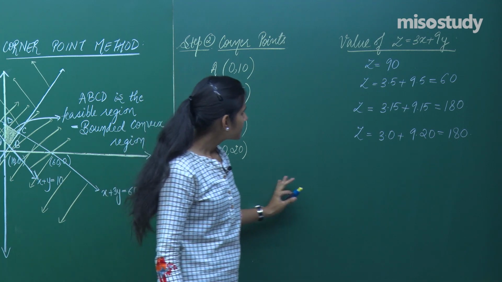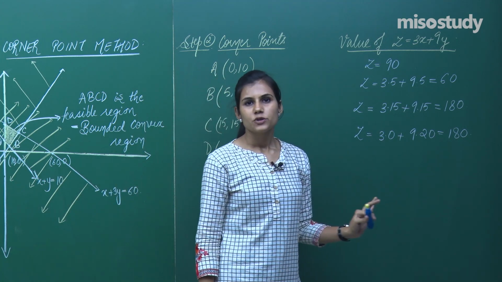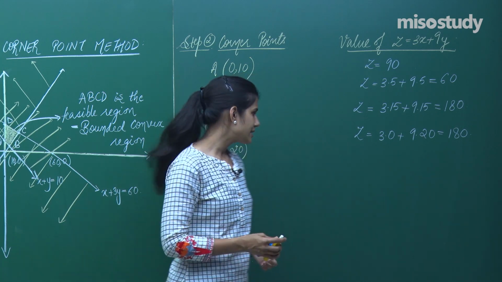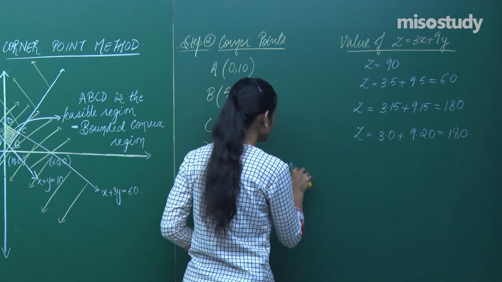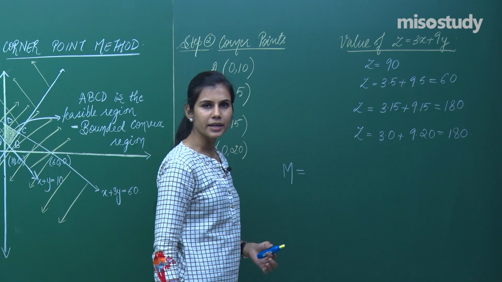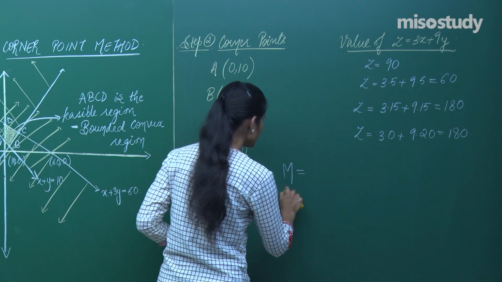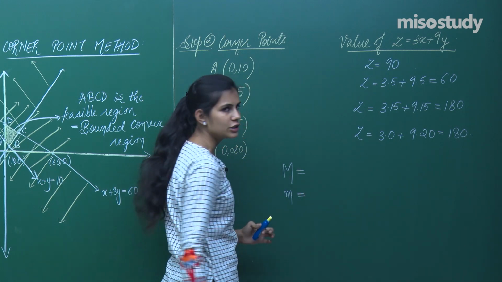Clear? I am being asked to get the maximum value of z. So in my algorithm I said that declare capital M to be the largest value of z that you are obtaining out of all the values of z at all the corner points, and declare small m to be the smallest value of z that you are obtaining.